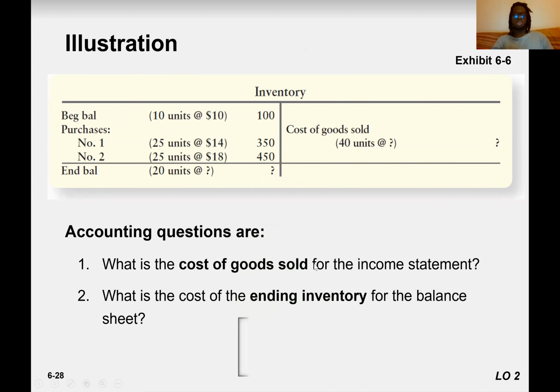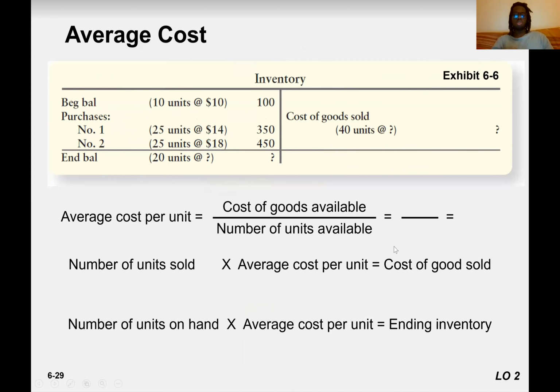It's 15. Right? So you see, we smooth out every process. We eliminated the possibility of selling from the latest or from the previous purchase. We eliminated all of that. We sold 40 units.